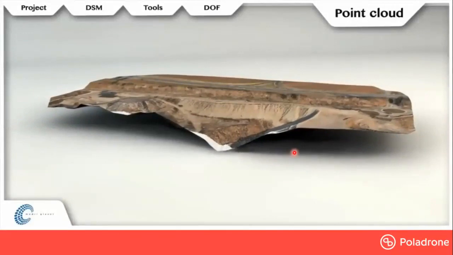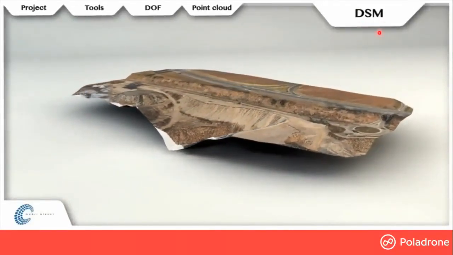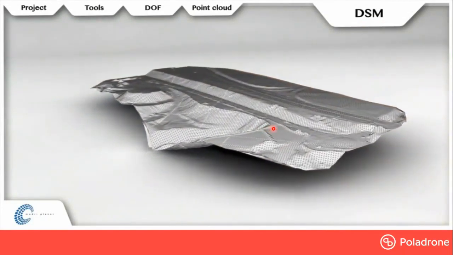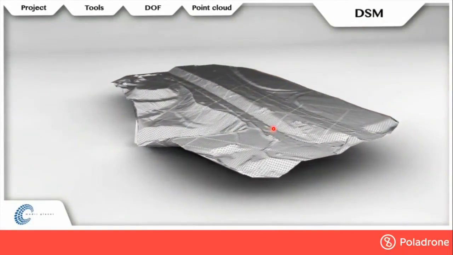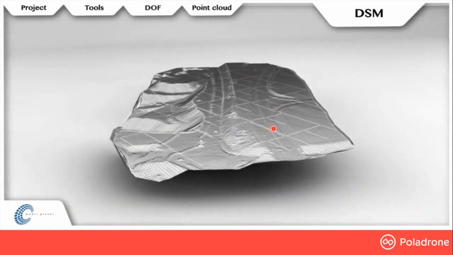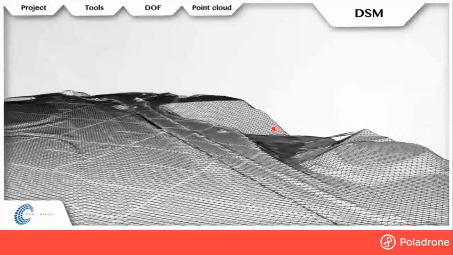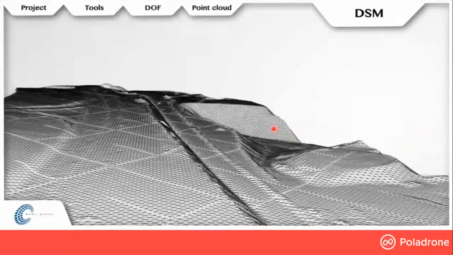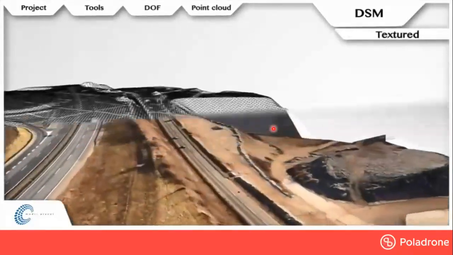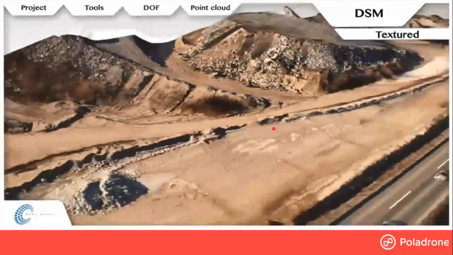And from this 3D map, you can do a lot of things. Like this one is called a digital surface model, where you see everything above the surface. Texture map for more visualizations.